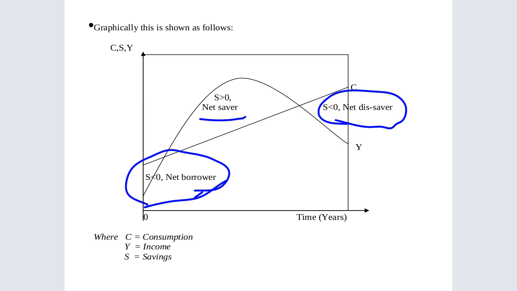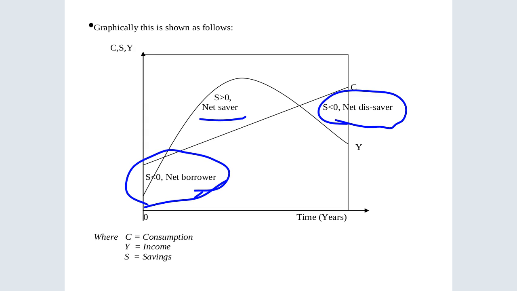Whatever you consume is what you borrow from your parents and your guardians. So once you complete your studies and you get employed, now your income is more than your level of consumption. So you pay part of the debts that you borrowed during the first stage, and also you save.